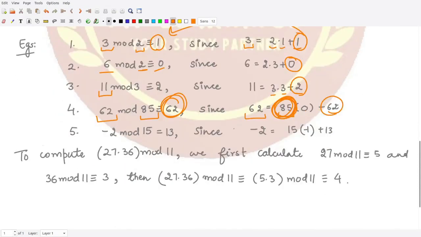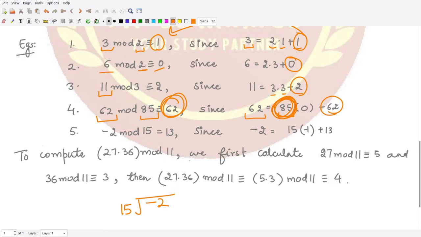And we can also perform this kind of calculation whenever we have negative numbers. So suppose you wanted to calculate minus 2 mod 15. That means we are interested to calculate what we have as a remainder when we divide minus 2 by 15, right? In this way the calculation is a little different.